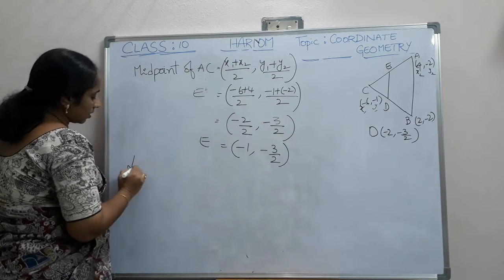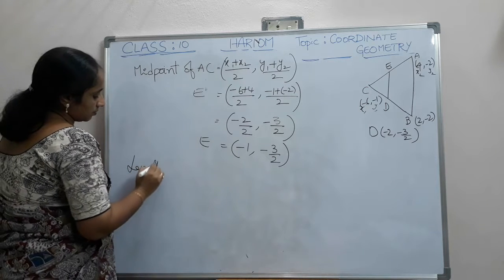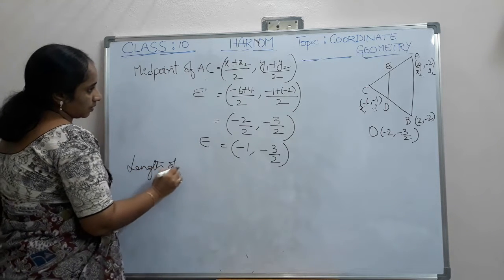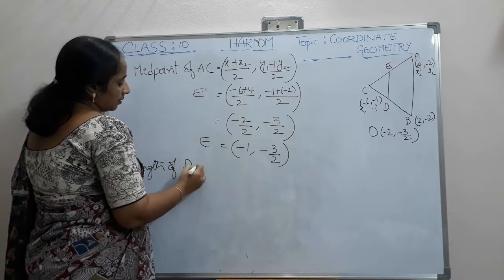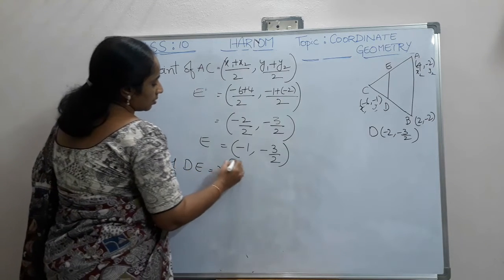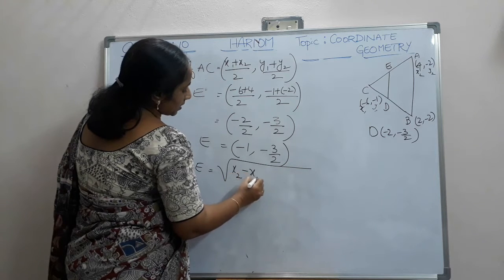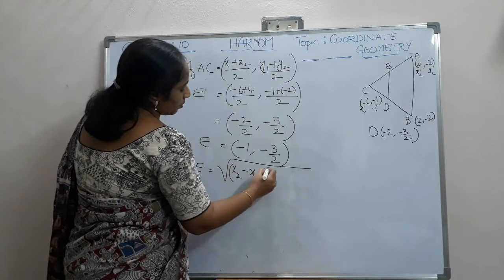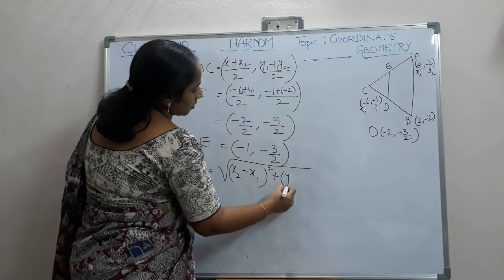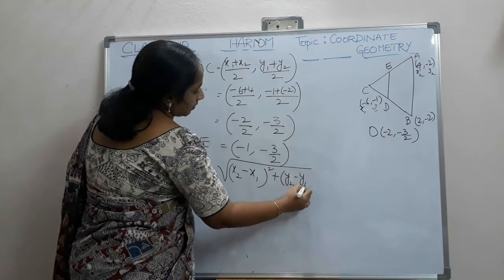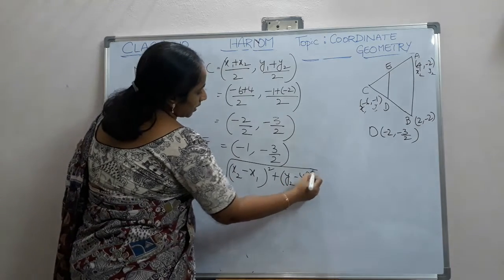Now, length of DE is equal to square root of x2 minus x1 whole square plus y2 minus y1 whole square.